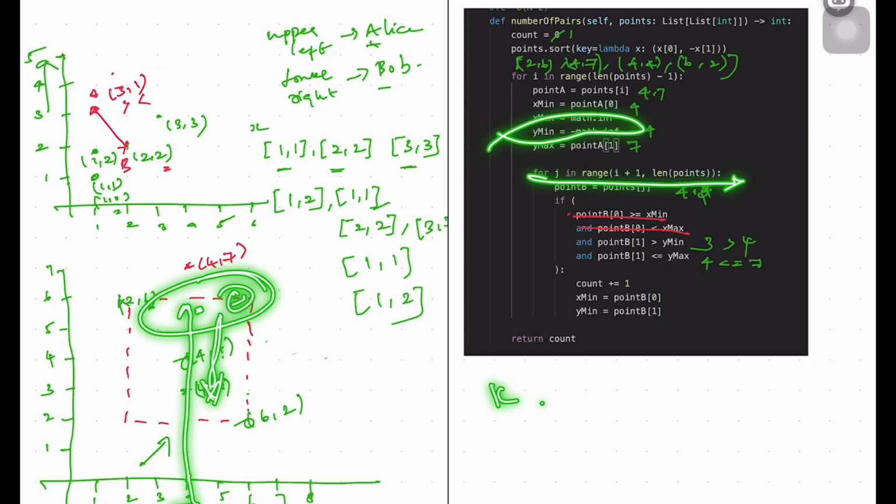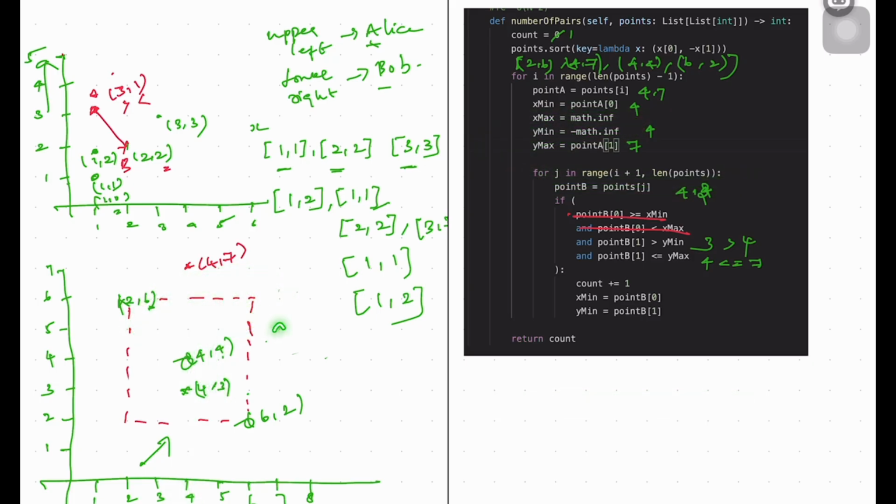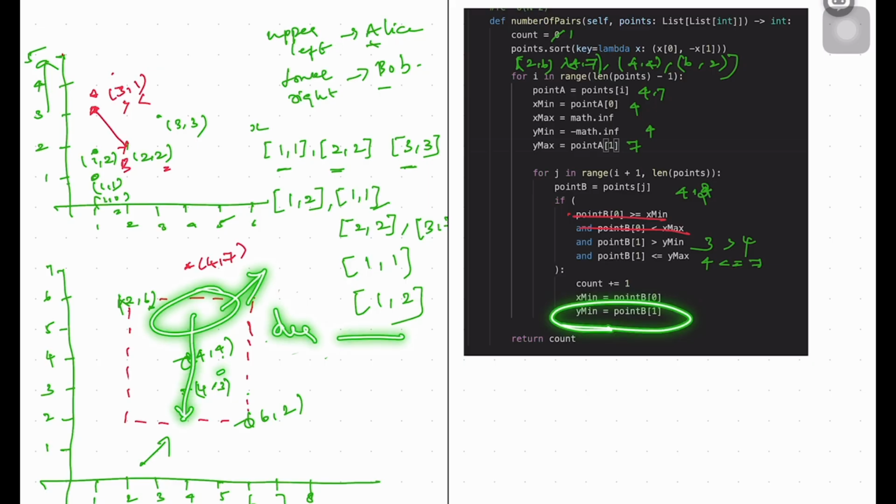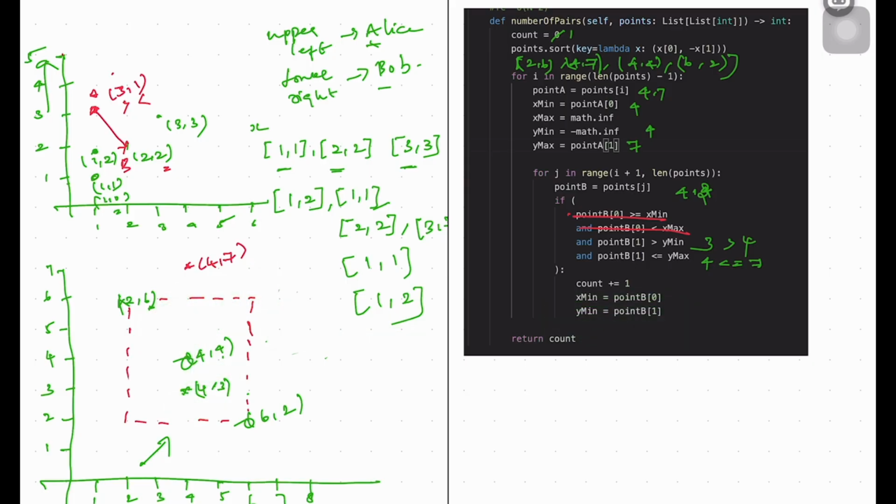So instead of our k loop, we find this out for the y. That's why we are sorting y in descending order. Whatever comes first, with that you update your y min. For the same point, if anything else comes, we won't consider it. Got it? Now the x min and y min will not allow this 4 comma 3.